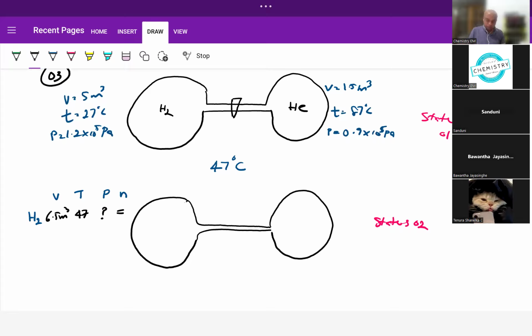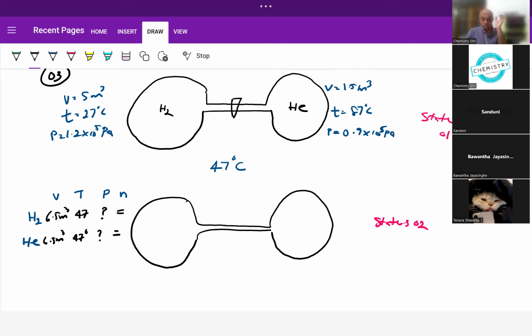Then if you take helium, it is also taking the same volume, 6.5. Temperature is also 47 because of the total system, and pressure we need to find. Number of moles will be the same as before. So this is the change.